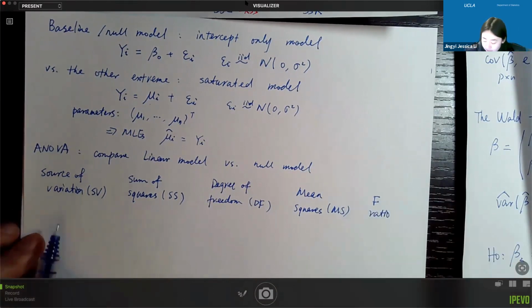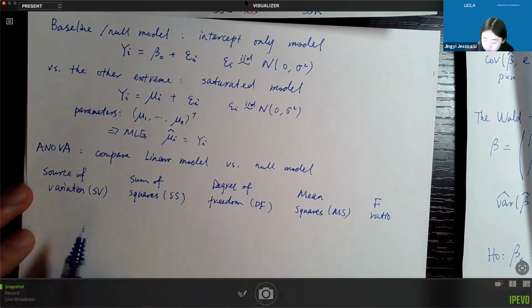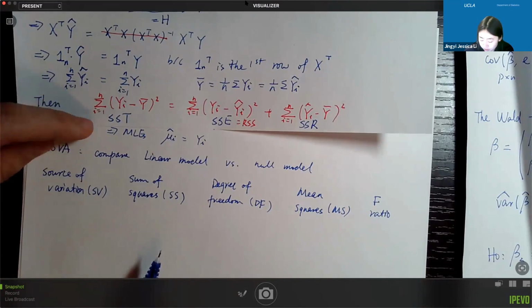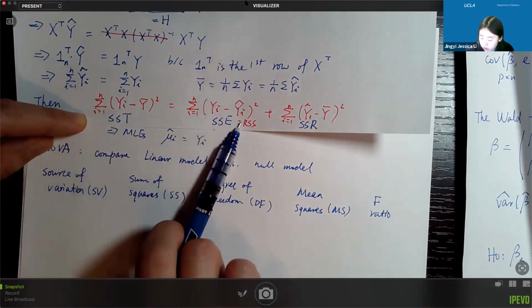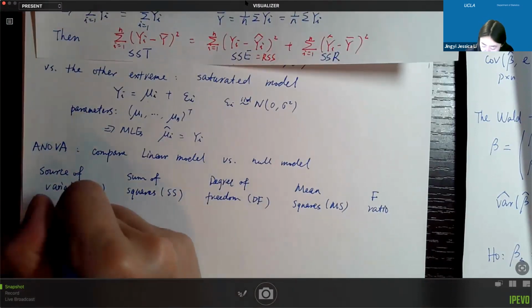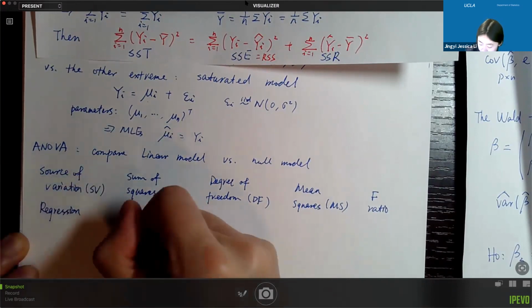Okay, so let's look at each one. For the source of variation, as we showed here, we have the sum of squares for total, error, and regression. So the first one we put here is the regression, and this one is what we call SSR.